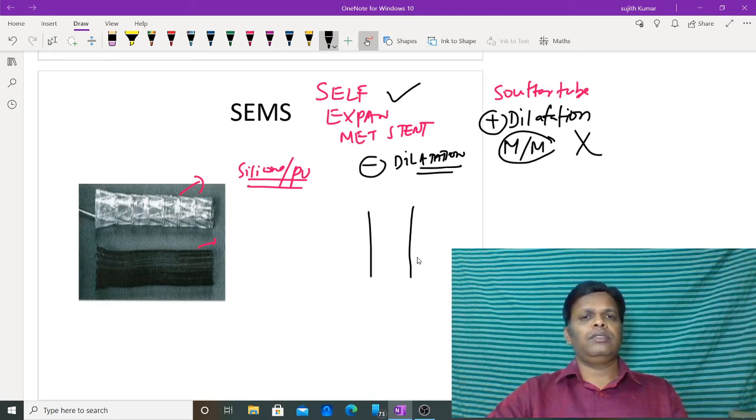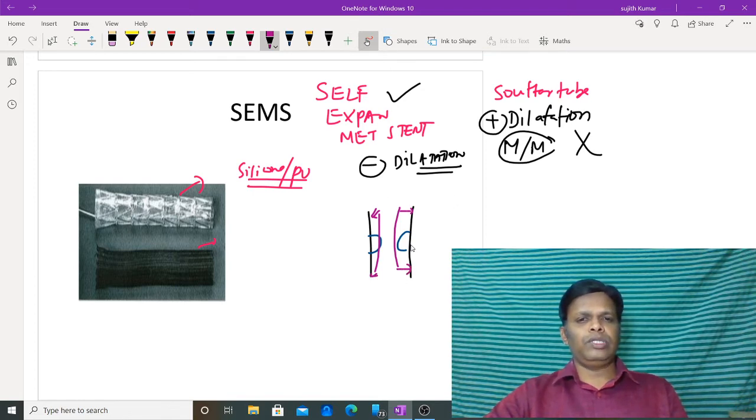So consider this is the esophagus, and you have the tumor. Then you can insert the stent in a deflated state. Once you keep the stent in that position, it will self-expand, pressing over the esophageal wall as well as the growth.